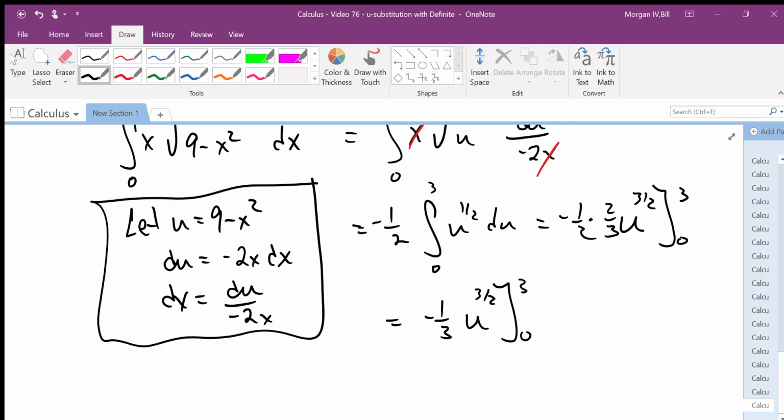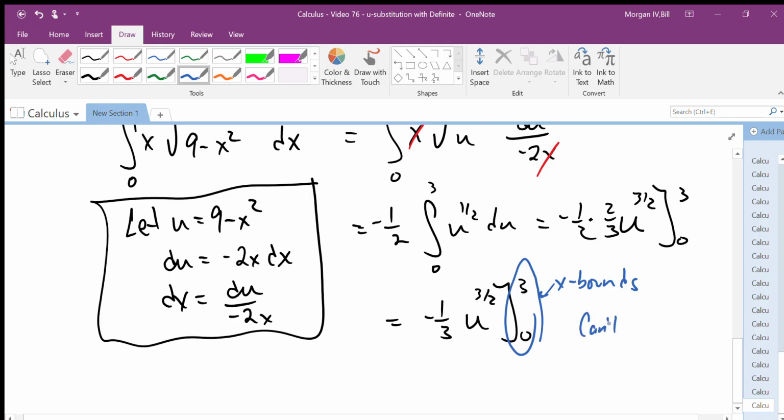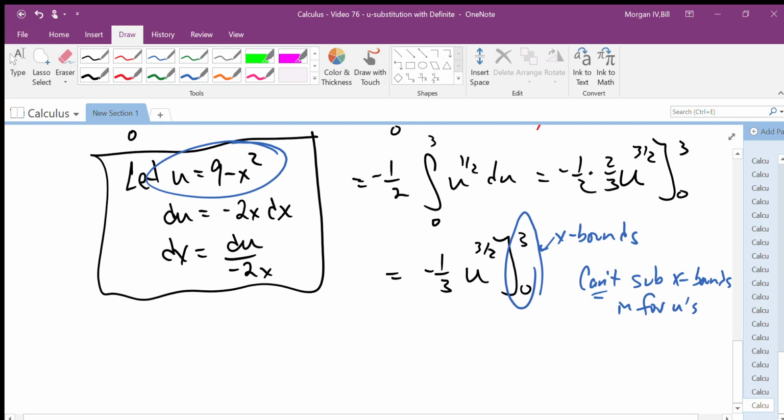These are x bounds, and I can't substitute x bounds in for u's. What I have to do if I don't change the bounds is go back and replace u with the 9 minus x squared. And so I have this.